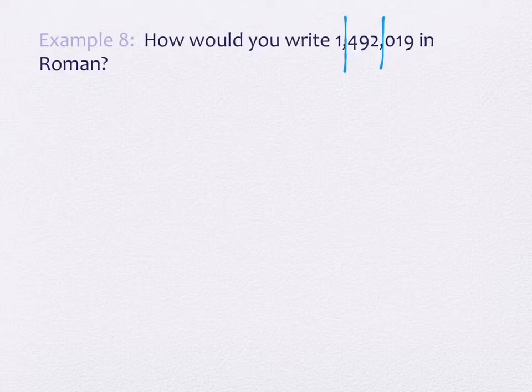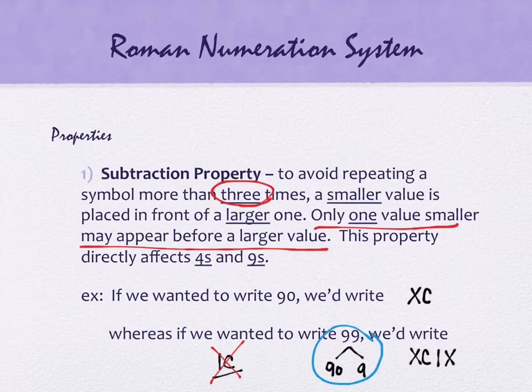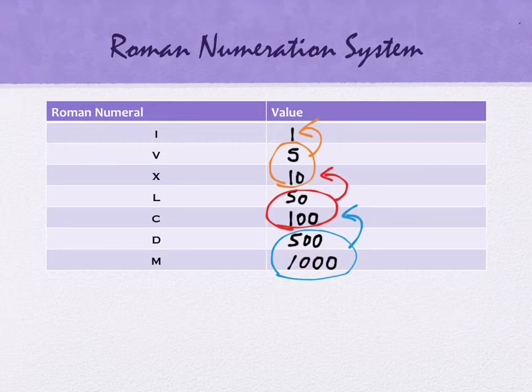However, on this one, because this is a 1, I actually only need to separate it here, because this number could be written, ignoring the 019 at the end, if the number were just 1492, with those symbols. Right? If I had the number 1,492, I can write it with these symbols.